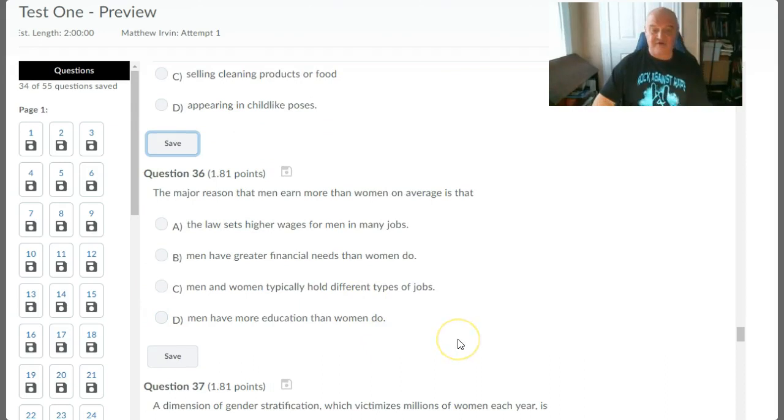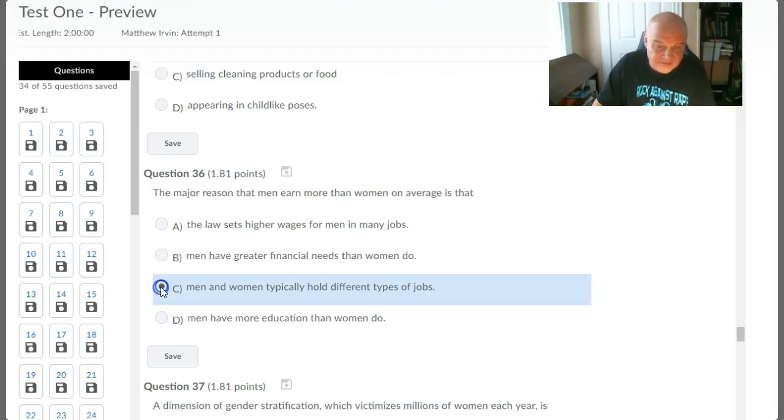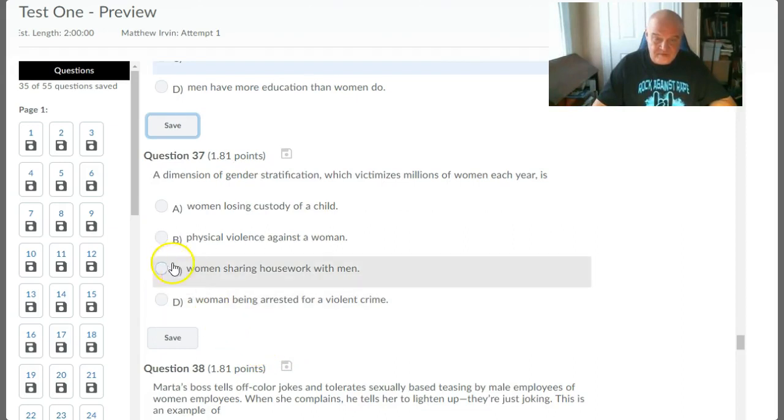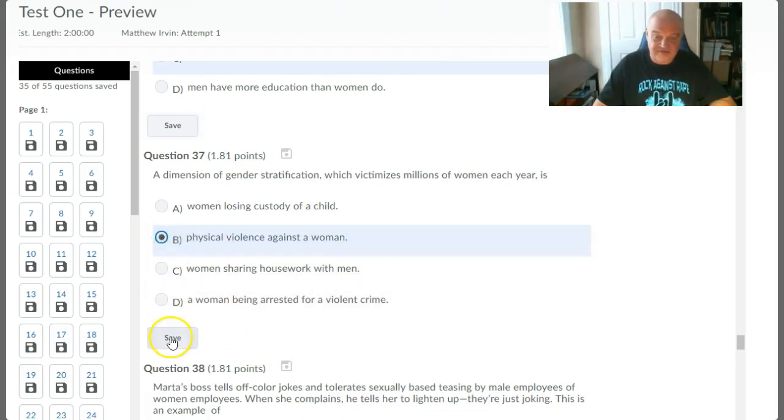The major reason, question 36, that men earn more than women on average is that men and women typically hold different types of jobs. Question 37, a dimension of gender stratification, which victimizes millions of women each year, is physical violence against a woman.